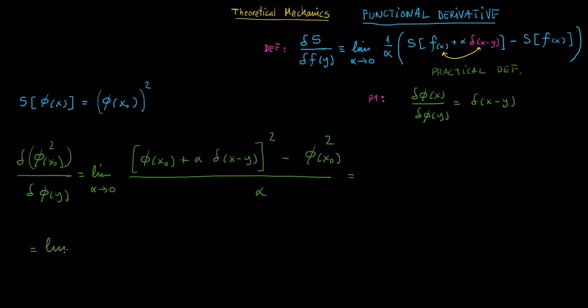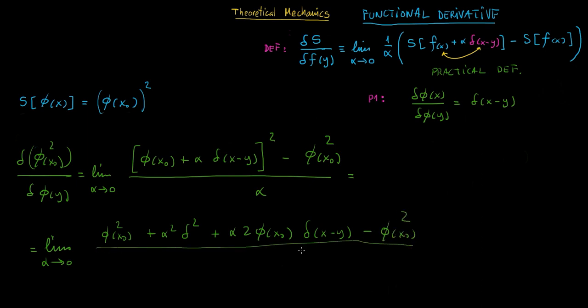So we will have phi x0 squared plus alpha squared delta squared plus 2 alpha phi x0 delta of x minus y, and minus phi x0 squared, over alpha.